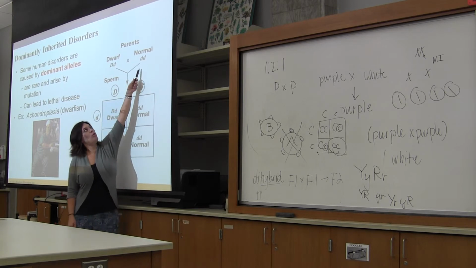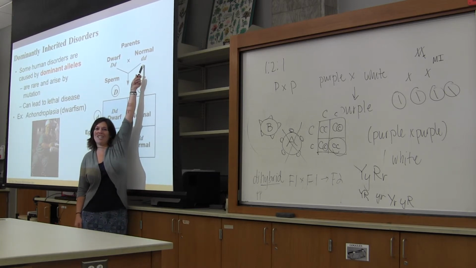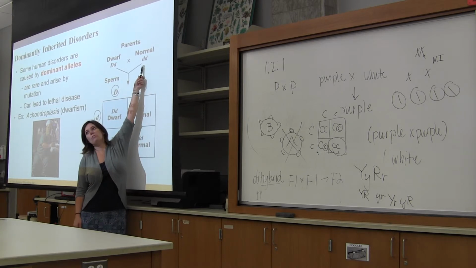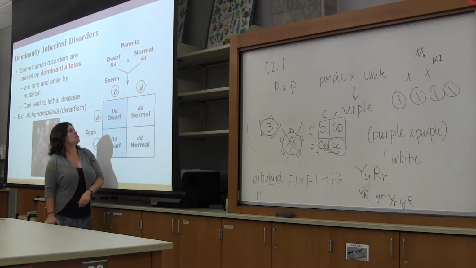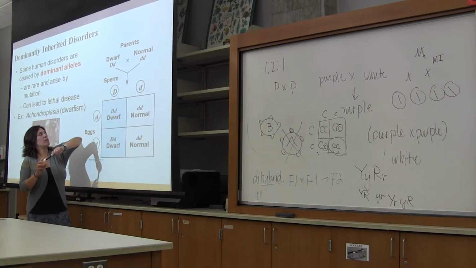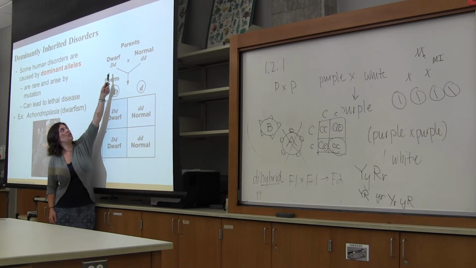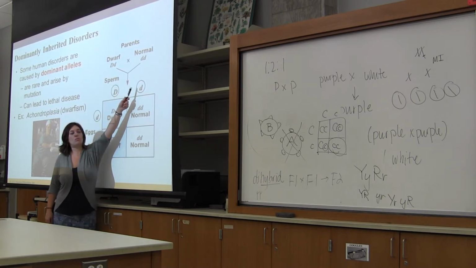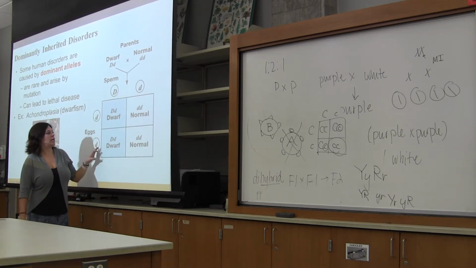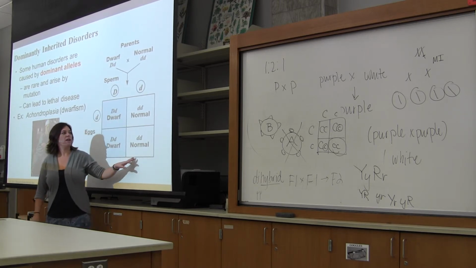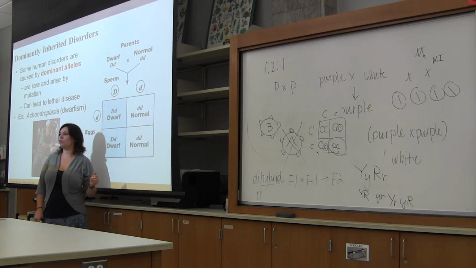And so in other words, normal is now going to look like the recessive. So if you have 2 normal copies of the gene, you're going to be little d, little d. And so any parent or any organism that has this capital D is going to be a dwarf. And so if you mate a dwarf to someone who's normal, you're going to have a 50% chance of having offspring that are dwarfs, and 50% chance of them being normal.